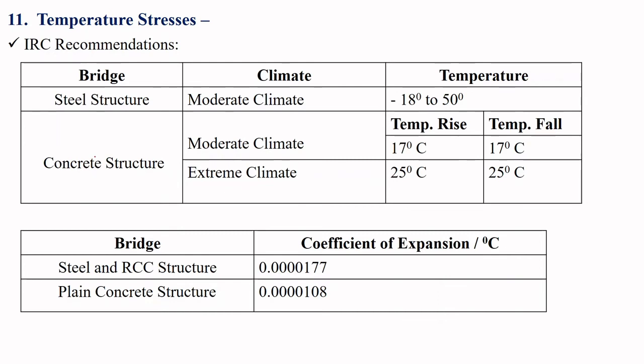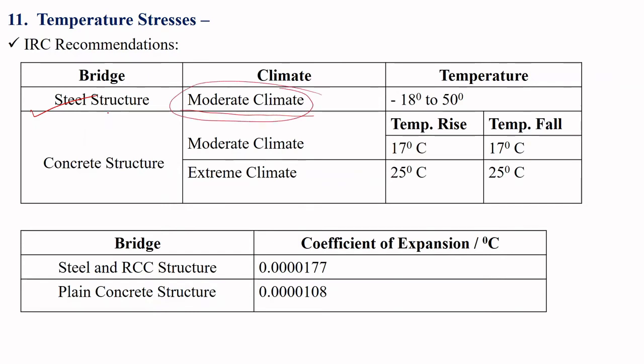Now if we see the temperature stresses, there are some IRC recommendations. IRC has provisions for different types of structure, that we will see according to the climate. Now, let's suppose we are designing a steel structure in a moderate climate, which is very important.